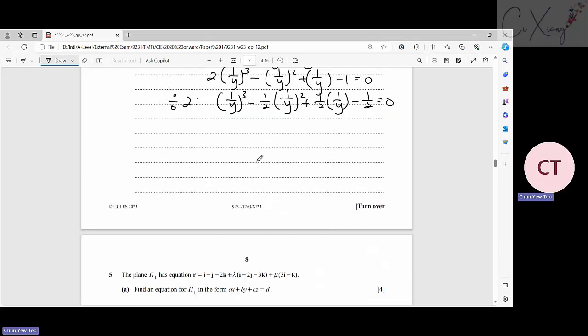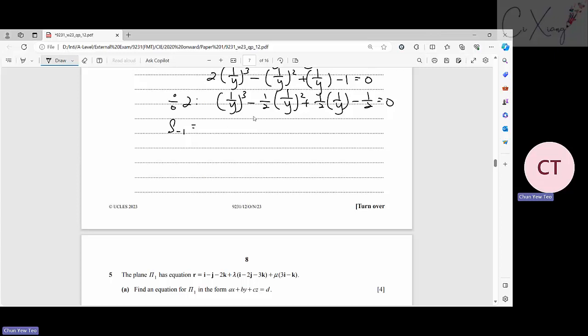Okay, so now all the roots in these expressions will be 1 over (3α+1), 1 over (3β+1), and 1 over (3γ+1). So all the roots will be in this form if I do it this way. To find S negative 1, just take it from here.